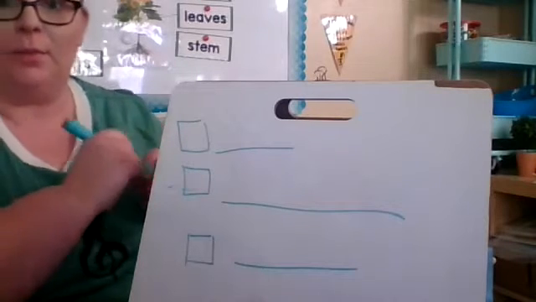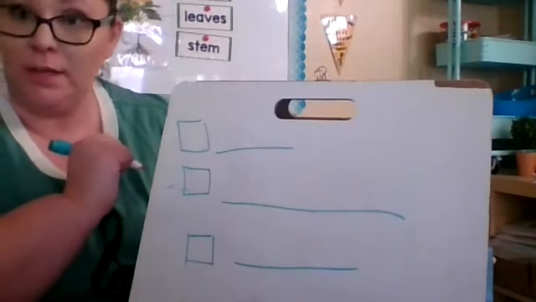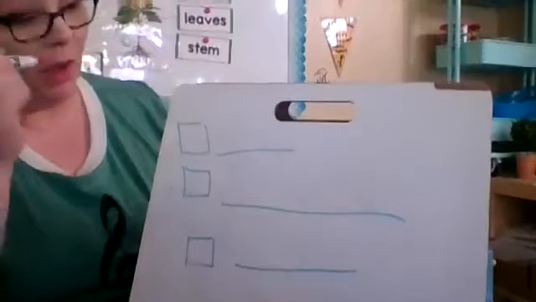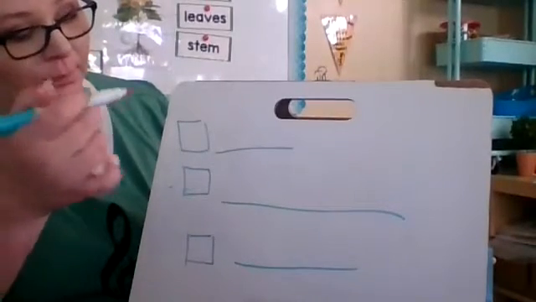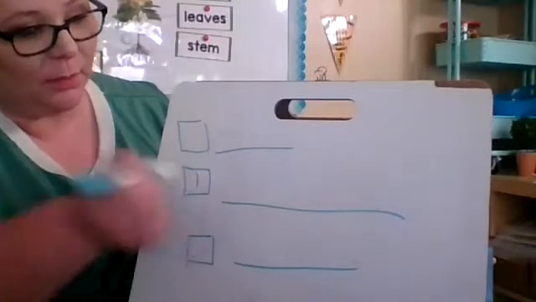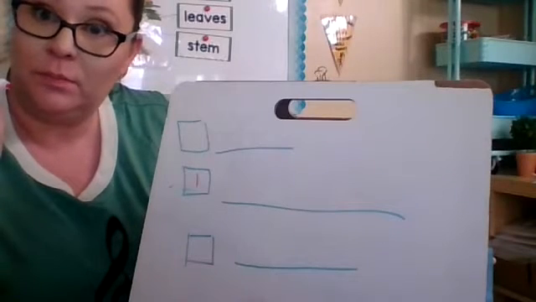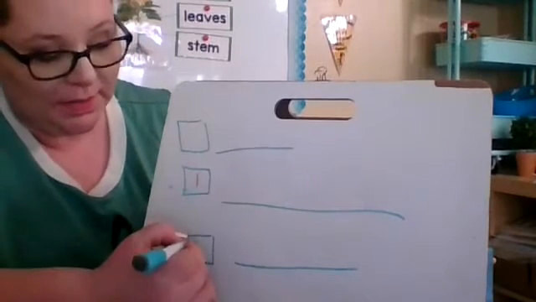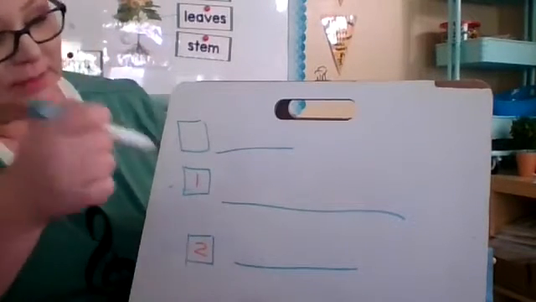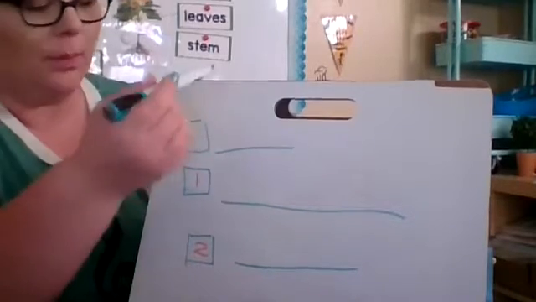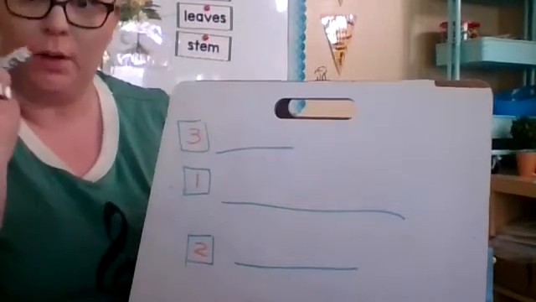Can I rank them from longest to shortest? So which would be the longest? Probably this one would be the longest, so I'll put a 1 right there. Which one is next, the top or the bottom? Bottom is the next longest, which means the top one is the shortest.